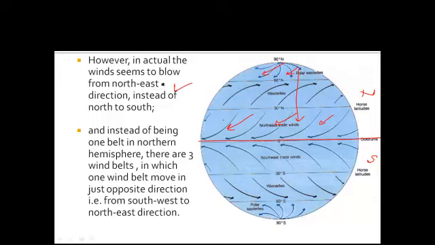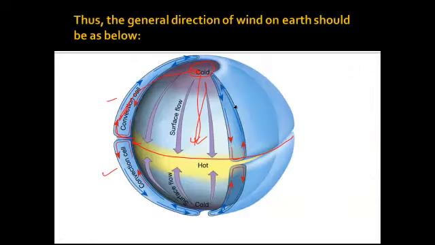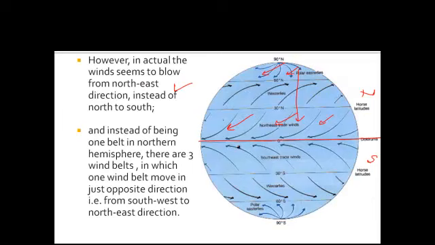There is deflection. And the second thing we have observed, this is not a single belt, which we had seen in the last image. In that image, there is a single belt. According to it, the winds move from poles to equator, but actually there are three belts. One is from this, second is this, and third is just opposite.